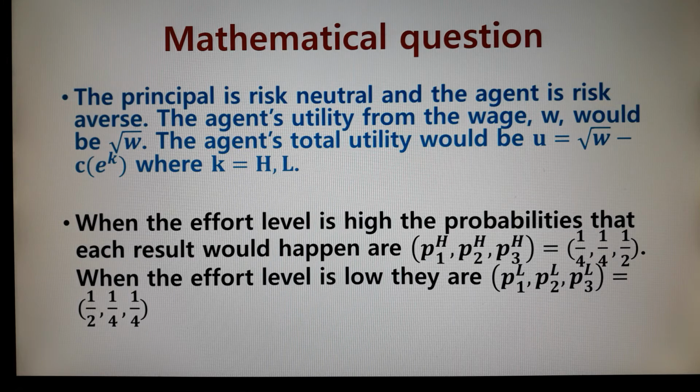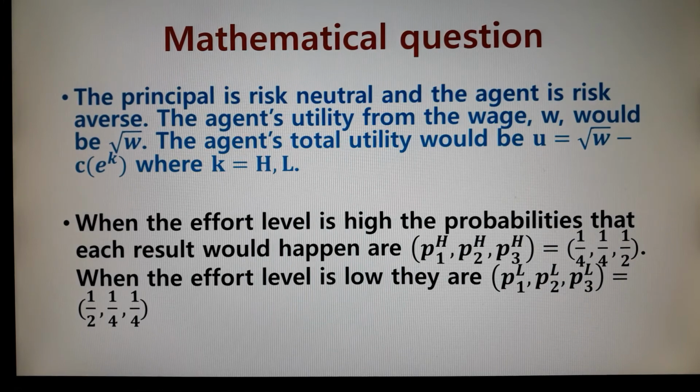That does not mean that when the effort level is high, the smallest X1, 1 million, cannot happen. And even when the effort level is low, the biggest profit, 9 million, can also happen. This is God's intervention, what I mean. So high effort does not guarantee high profit, and low effort does not always bring the lowest profit. Sometimes the highest profit is possible.